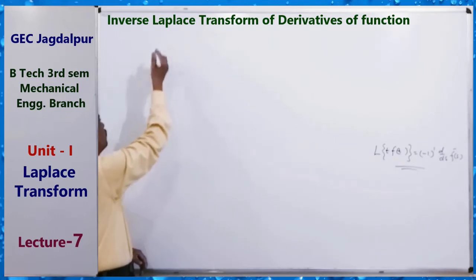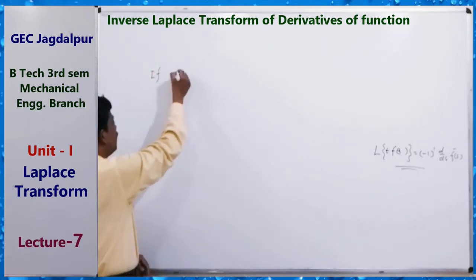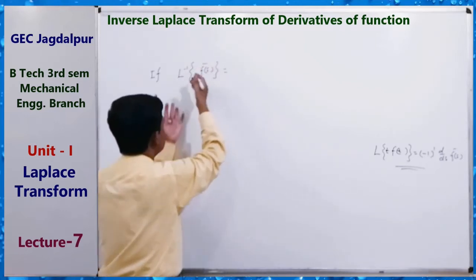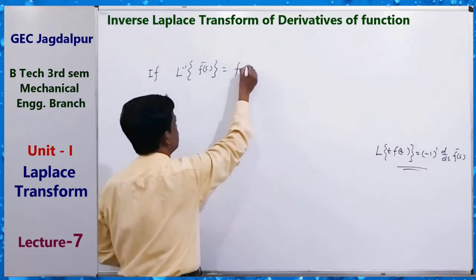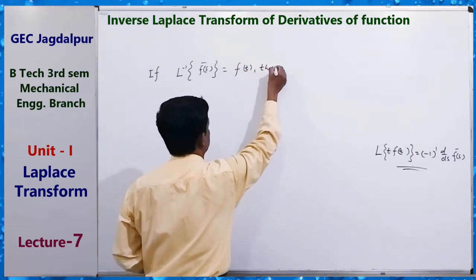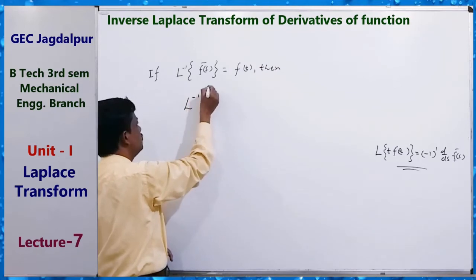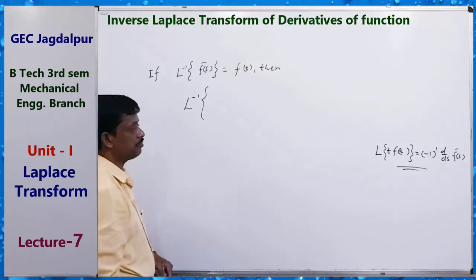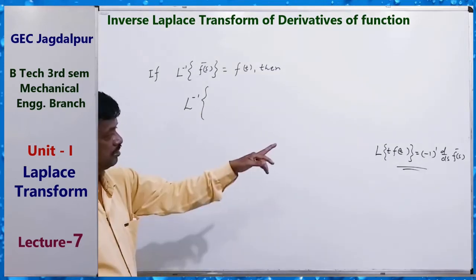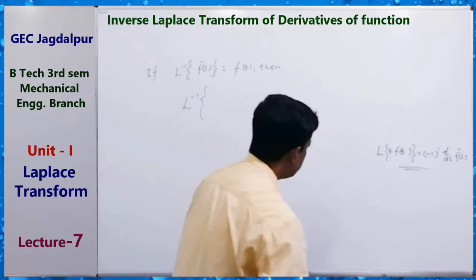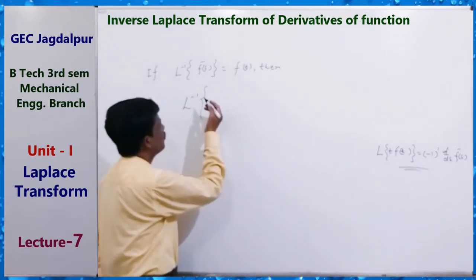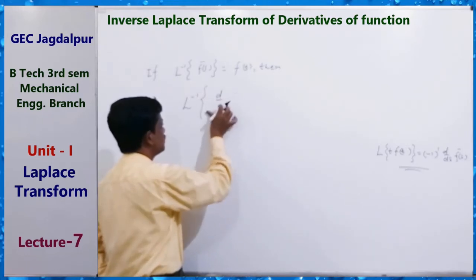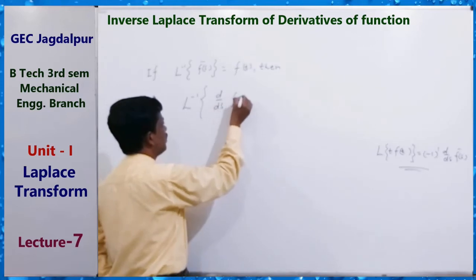If L inverse of f s bar, means the inverse Laplace transform of a function of s, is f t, then our formula will be what? L inverse of d by ds of f s bar.